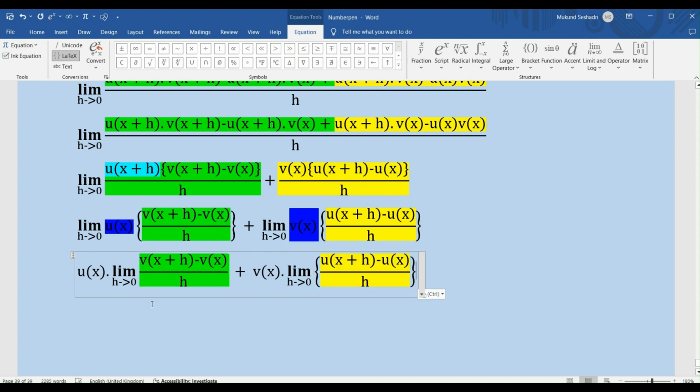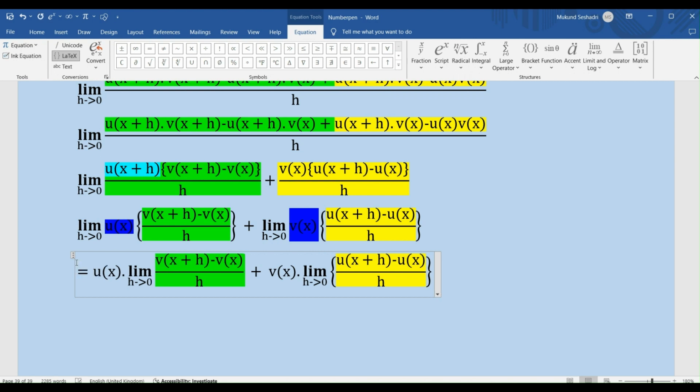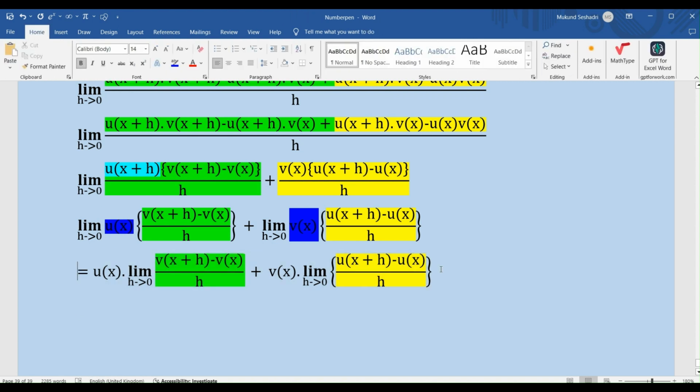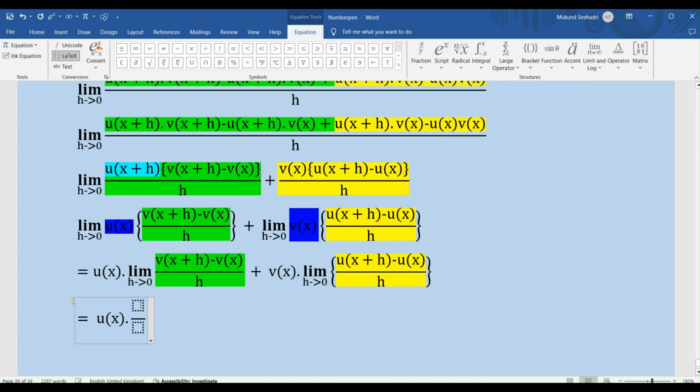So that's how we rearrange this particular expression. Now I think we know what we will have to do, right? And what is this expression? The one in green along with the limits is nothing but my v dashed of x, right? And what is my v dashed of x? It is nothing but d by dx of v of x, which is dv by dx, right?